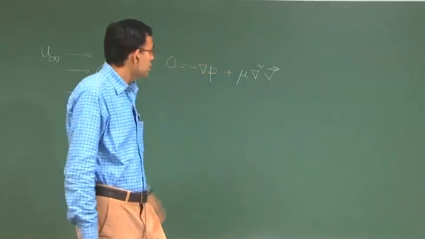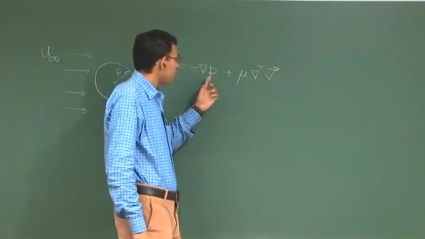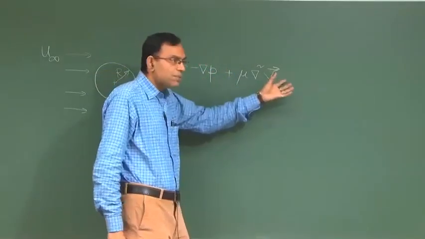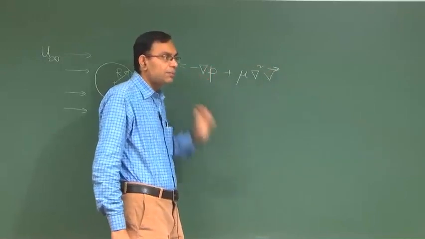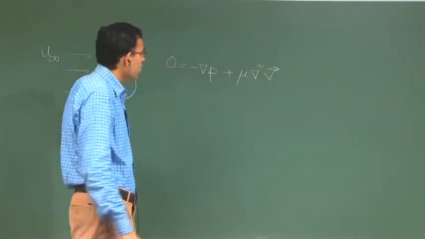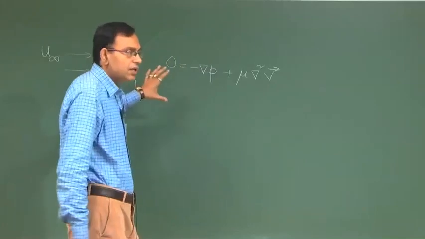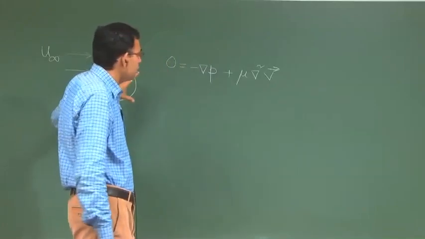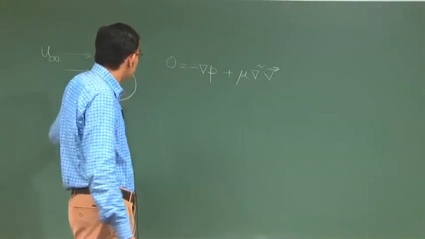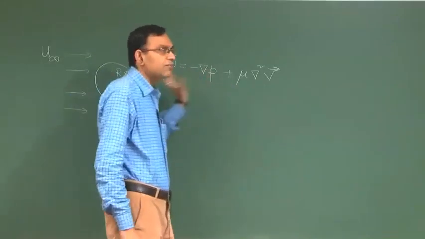Either way we can absorb that gravity body force term in the pressure gradient term. Here of course gravity is not of much concern to us, we are just interested in the drag force.